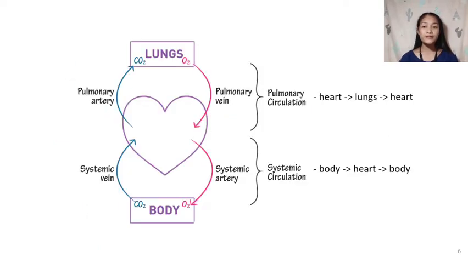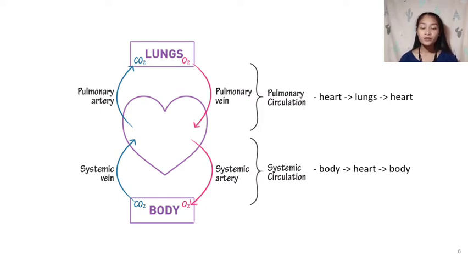Here we can see the flow of blood in the pulmonary and systemic circuits. In the pulmonary circulation, the blood carrying carbon dioxide goes through the pulmonary artery into the lungs to pick up oxygen. Then, the blood from the lungs carrying the oxygen flows through the pulmonary vein back to the heart.